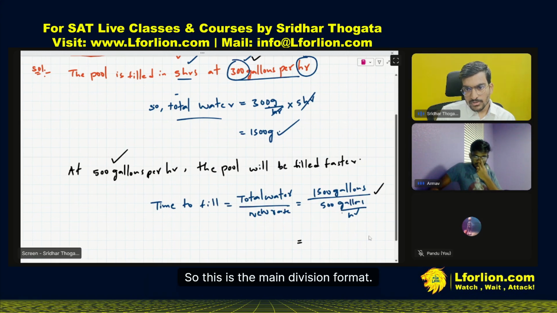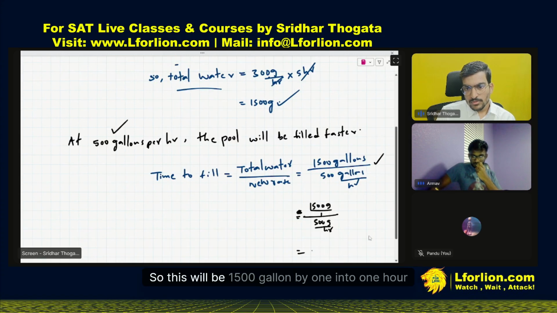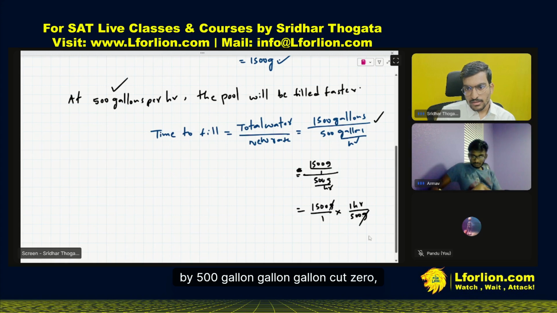This is the main division format: 1500 gallons per 1 divided by 500 gallons per hour. So this will be 1500 gallons by 1 into 1 hour by 500 gallons. Gallon cuts, 0 0, another 0, another 0. 5 times 1, 5 times 3. So 3 into 1, which is 3 hours.